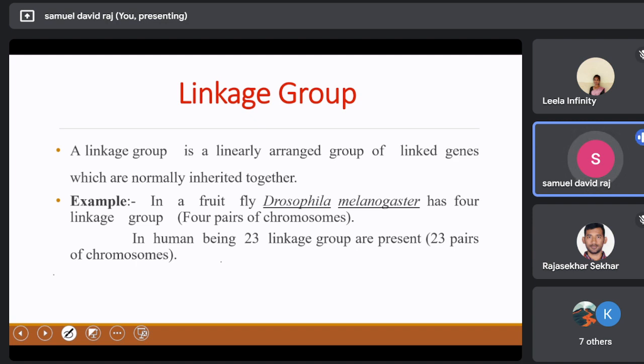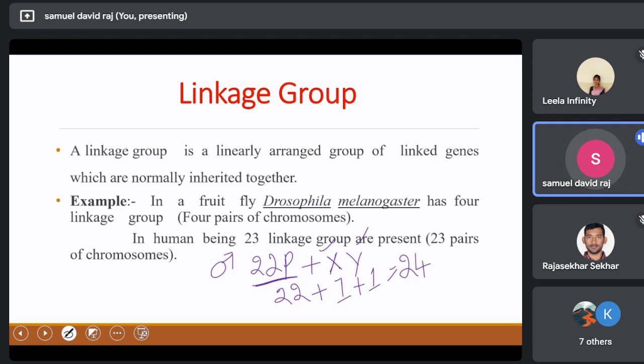In Drosophila and human beings, the male is said to have 22 autosomes which are paired and the same, but the last pair is X and Y. So, out of these, there are 22 linkage groups plus 1 for X, because the linked genes present on X are not the same as the genes present on the Y chromosome. These are X-linked and these are Y-linked, and there is 1 more. Thus, the male in Drosophila and also in human beings has 24 linkage groups.